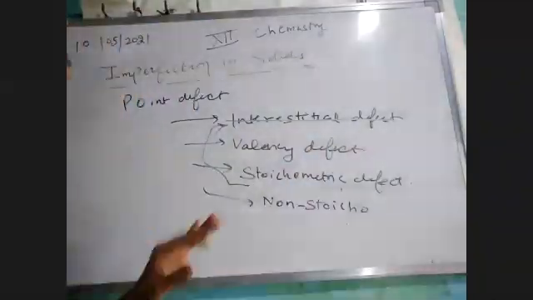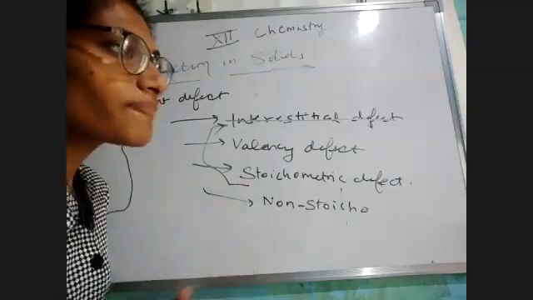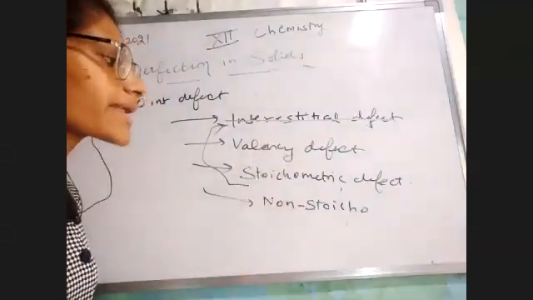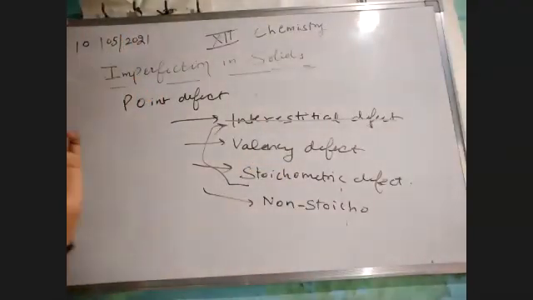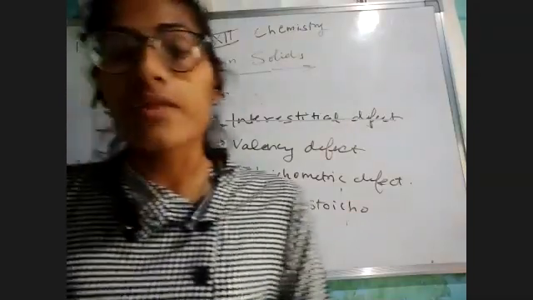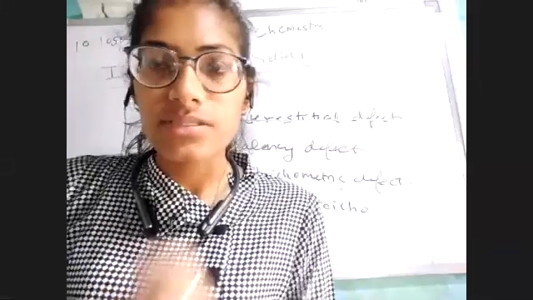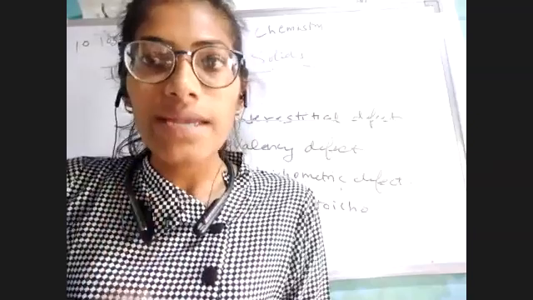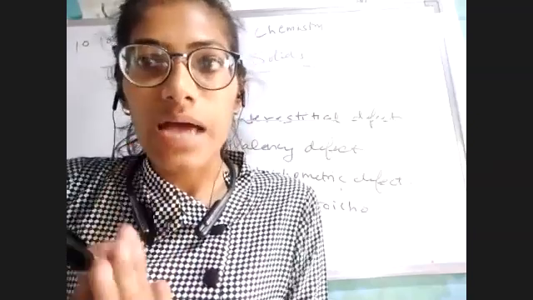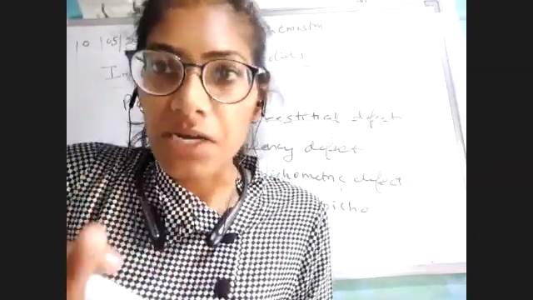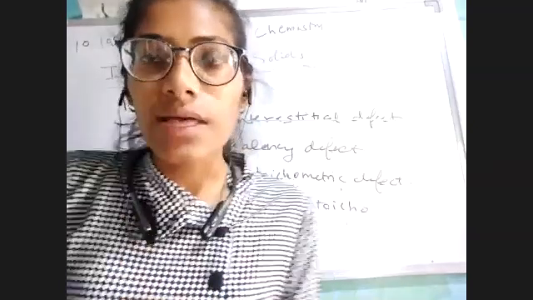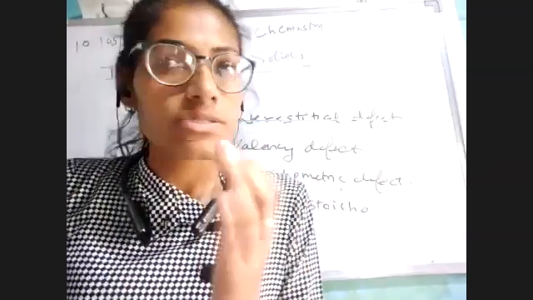But let me have just a brief explanation about these defects. Let's start with the valency defect. The valency defect is defined as the defect that arises when an atom or ion is missing from a particular site. I'm talking about a compound, sodium chloride.